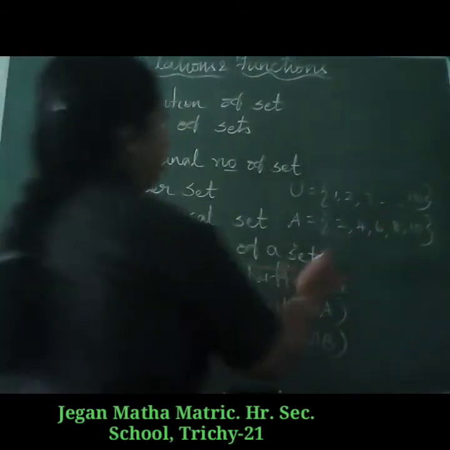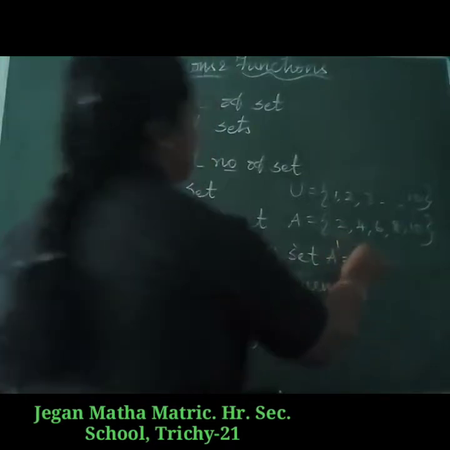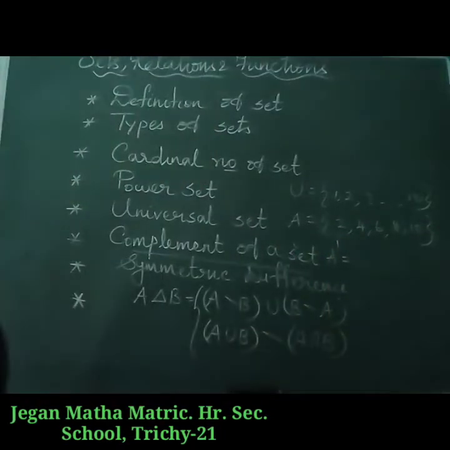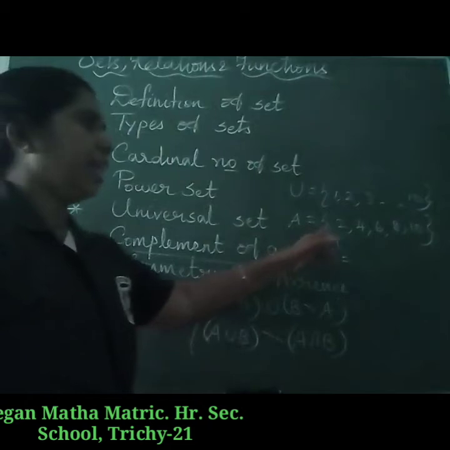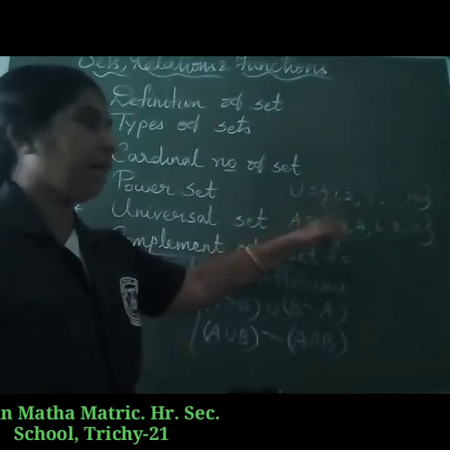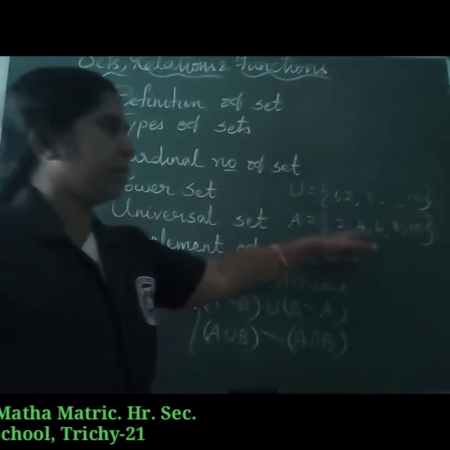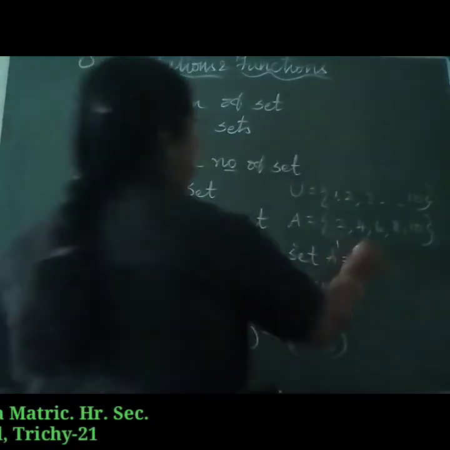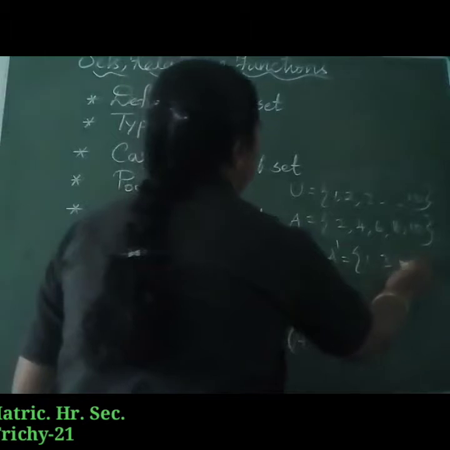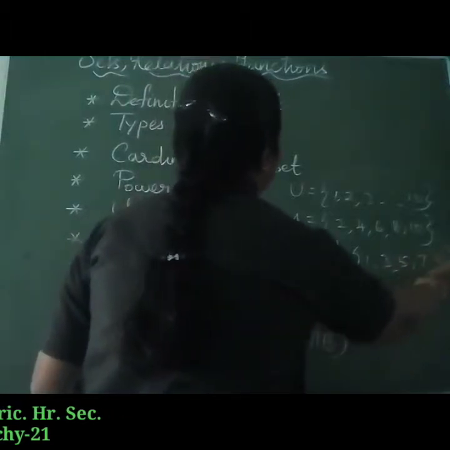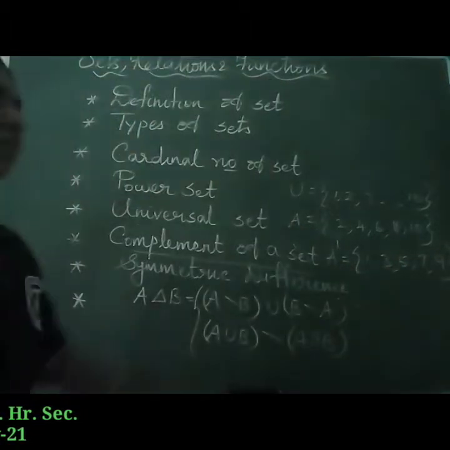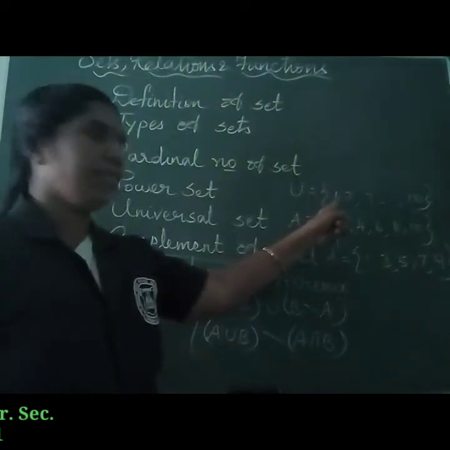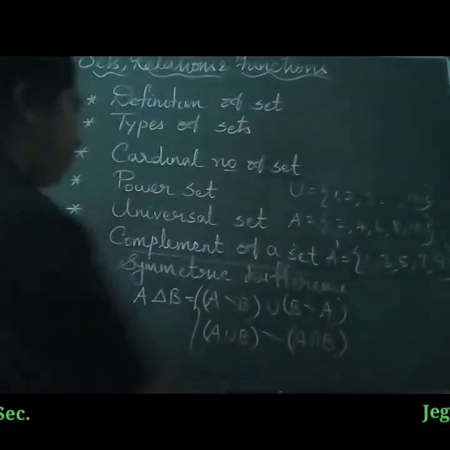If I want to find the complement A dash, the complement of the set is the set of all the elements in the universal set other than the given set. So except 2, 4, 6, 8, 10, the remaining elements 1, 3, 5, 7, 9 you have to write.